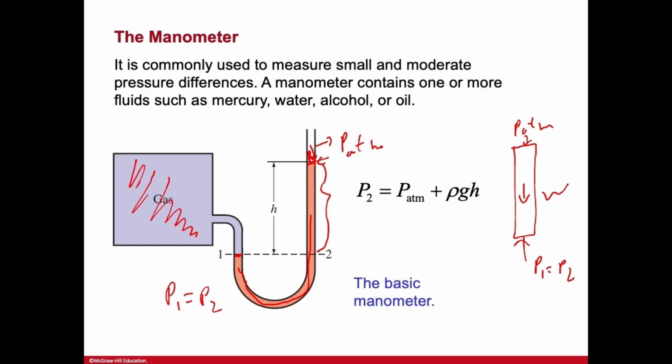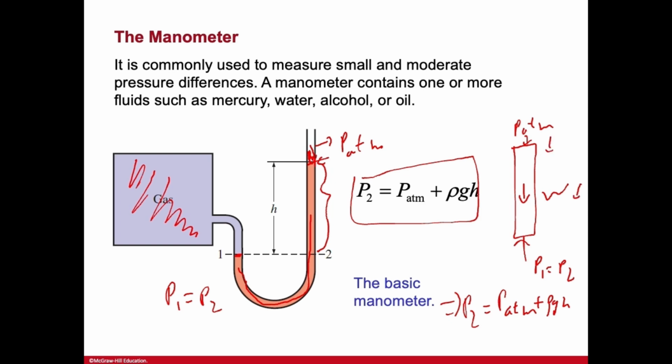So if you do a force balance, you end up getting that P2 is equal to P atmosphere plus rho g h, right? That's what this is stating. As you can see from this force balance, atmospheric pressure acts down, the weight also acts down, that's why these two get added up, that's why you have a positive sign, and that equals the pressure P2.